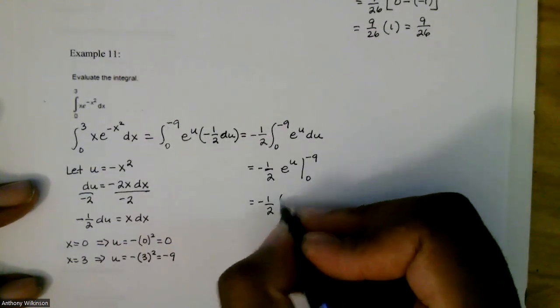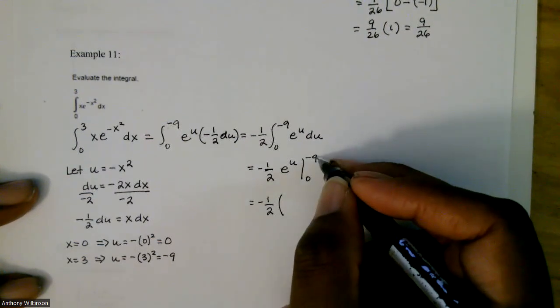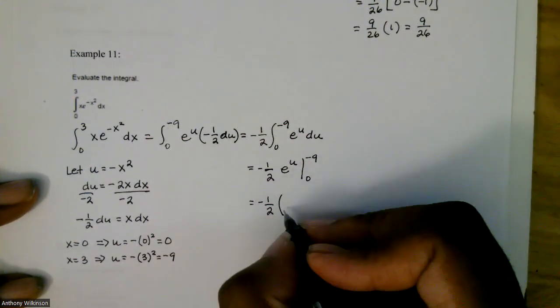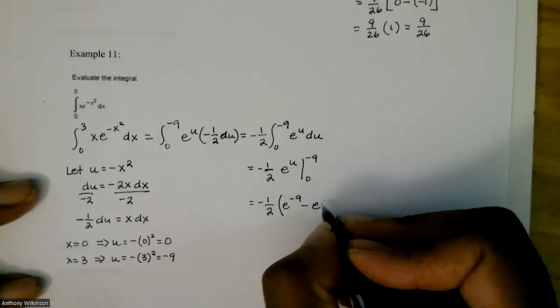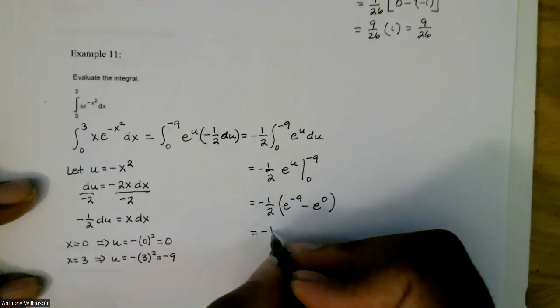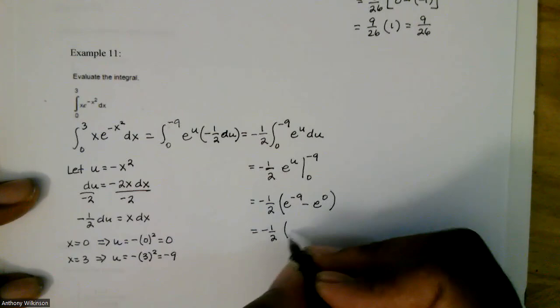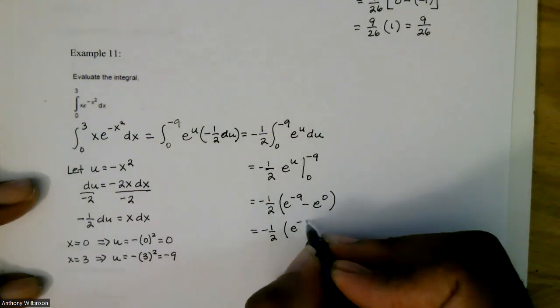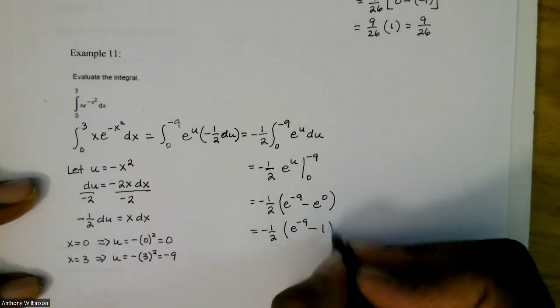Bring down the negative 1/2 and just focus on e to the u from 0 to negative 9. The upper limit is negative 9, so it'll be e to the negative 9 minus e to the lower limit, that's 0. Bring this down. That'd be negative 1/2 times the quantity e to the negative 9 minus e to the 0 power, which is going to be 1.